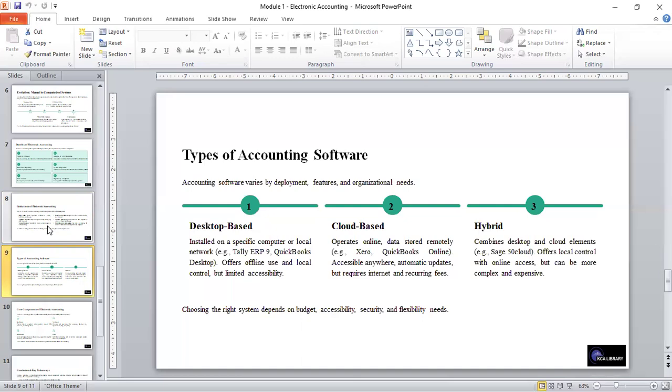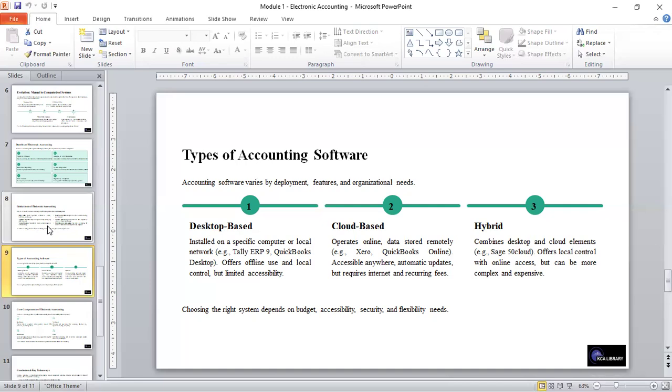Another is the cloud-based accounting software platform, which operates online and data is stored remotely. Examples are Xero and QuickBooks Online, and they are accessible anywhere with automatic updates, but they require internet and a recurring fee. You have to pay for them. We also have the hybrid accounting software platform as a type, which is a combination of desktop and cloud elements.